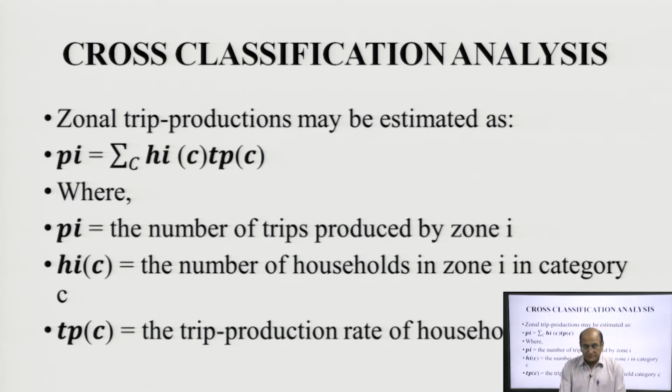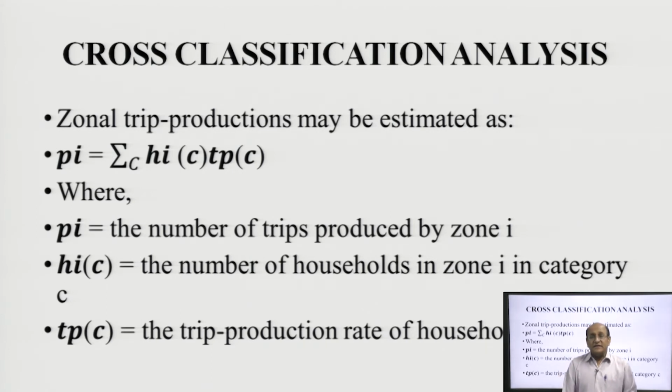Zonal trip production may be estimated as Pi is equal to the sum over c of Hi(c) times TP(c), where Pi is the number of trips produced in zone i, Hi(c) the number of households in zone i in category c.